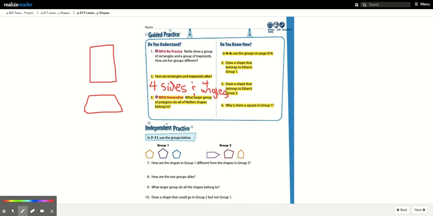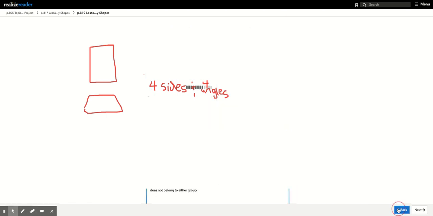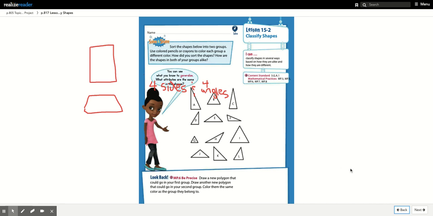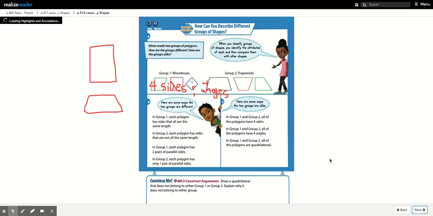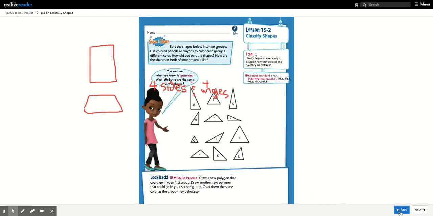Let's take a look at number 3. What larger group of polygons do all of Nellie's shapes belong to? Now, this problem would make more sense by looking quickly at the problem of Nellie's.